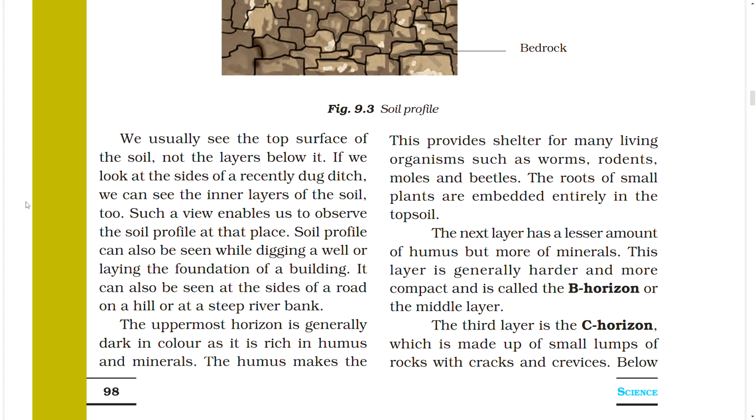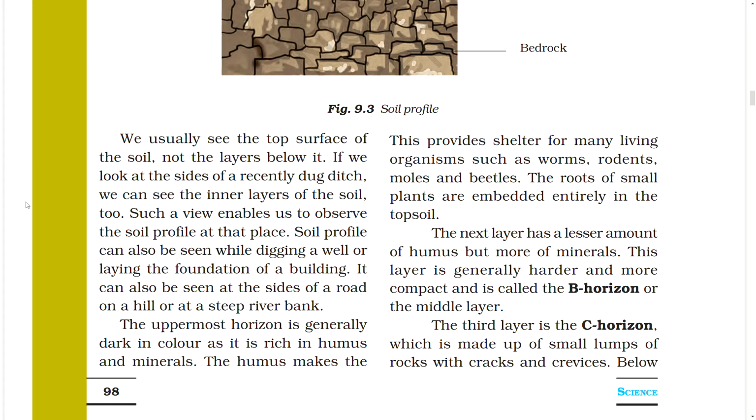If we look at the sides of a recently dug ditch, we can see the inner layers of the soil too. Such a view enables us to observe the soil profile at that place. Soil profile can also be seen while digging a well or laying the foundation of a building. It can also be seen at the sides of a road, on a hill, or at a steep river bank.